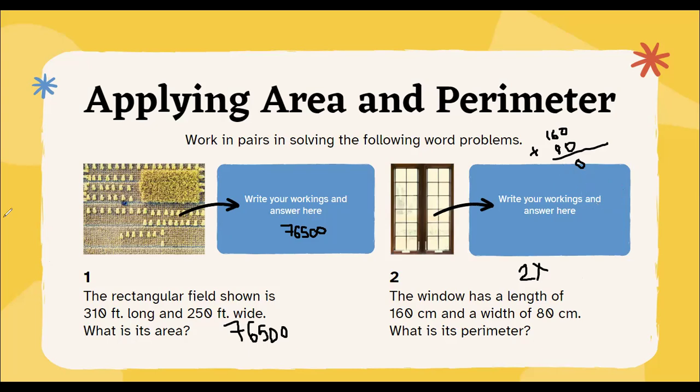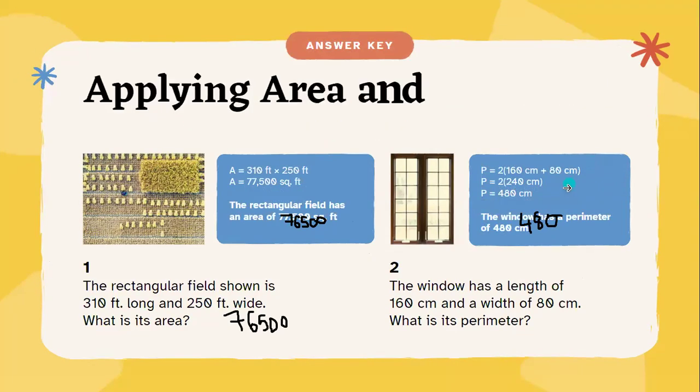So we will write the answer properly. 480. Now can we check the answers? Okay, let's check the answers. So, I'm sorry. Oh, I'm so sorry.